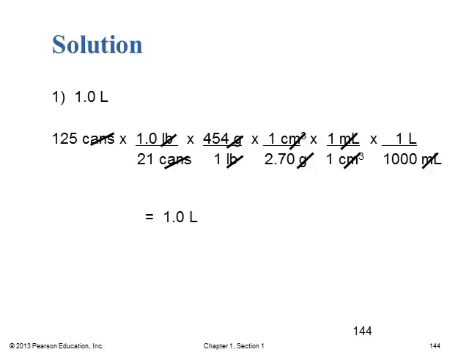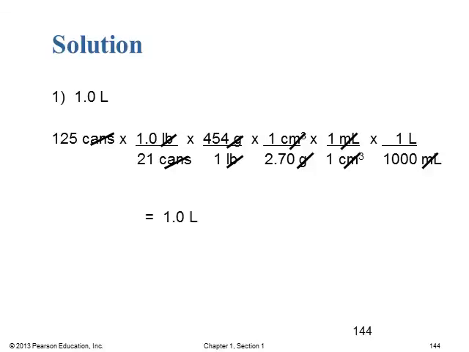We need to first figure out how many pounds of cans we have. Then we need to convert our pounds of cans to grams of cans. Then we can finally use the density of our cans to figure out the volume of cans, and then convert through the different volumes.